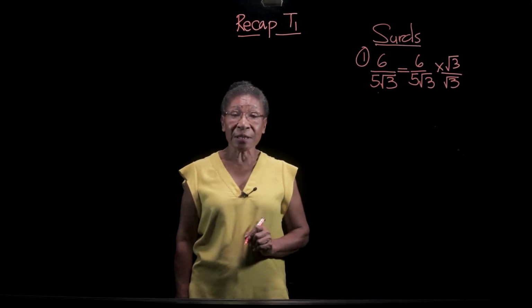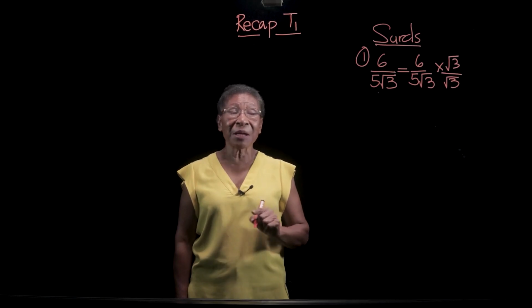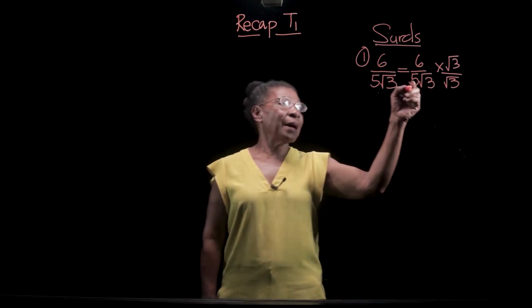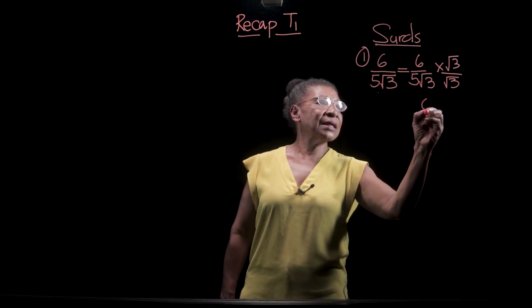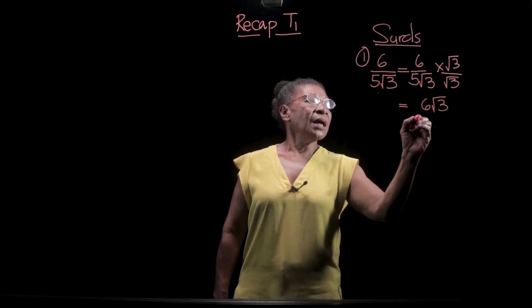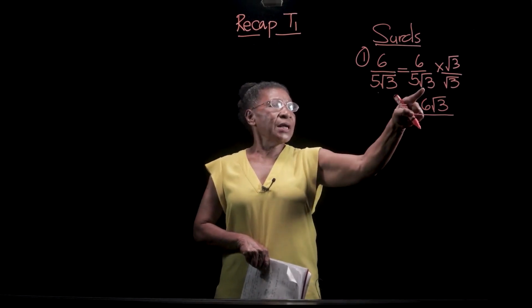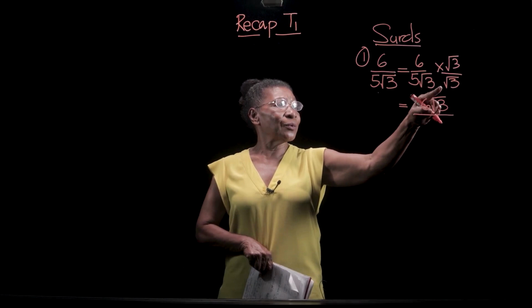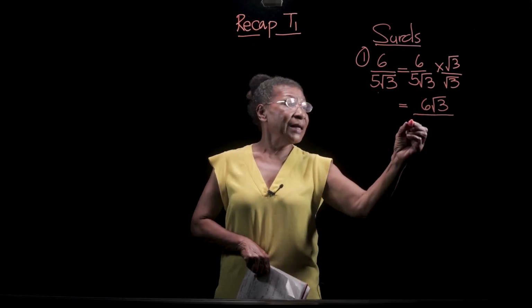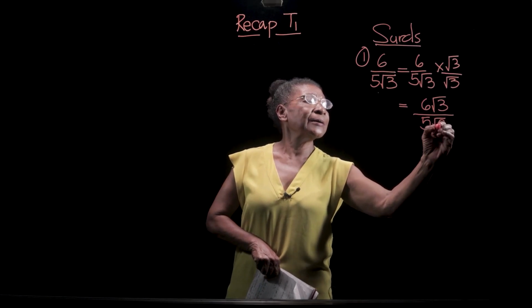Now, we will need to simplify. How do we do that? We will simplify by multiplying the numerator by the numerator, which gives us 6 root 3, and the denominator by the denominator. 3 root 3 multiply root 3 gives you root 9, and we have 5 root 9.